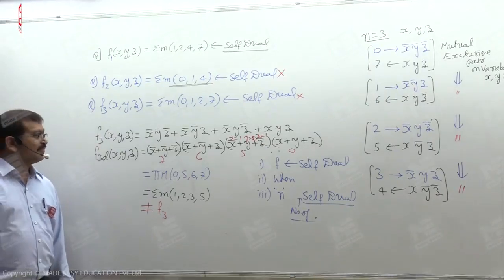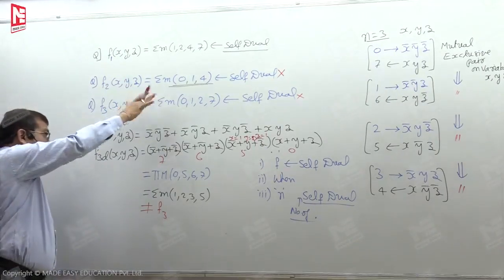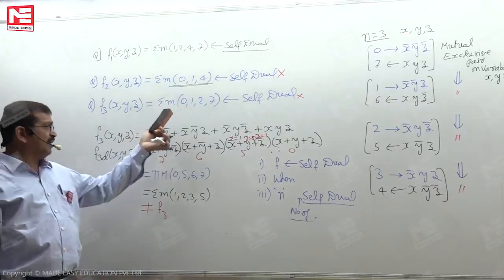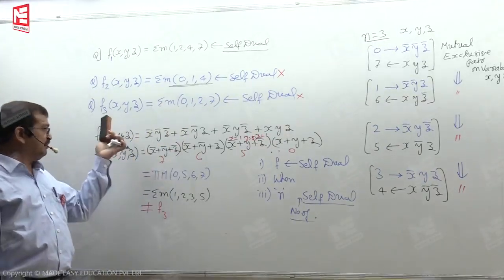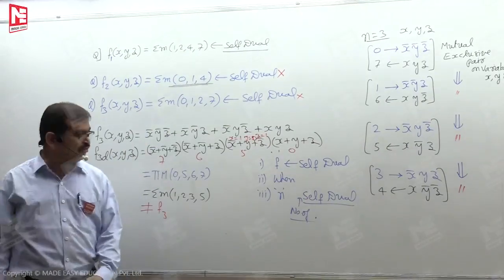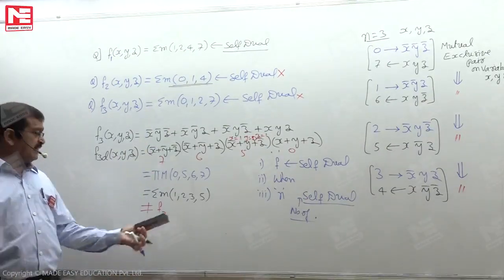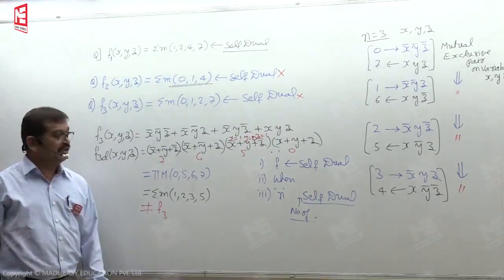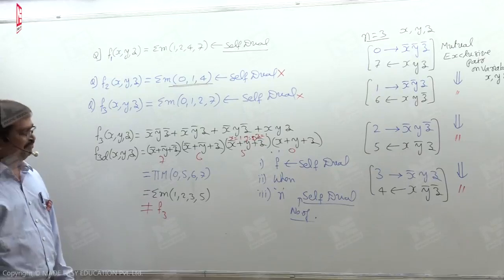As with F2, we are unable to eliminate it at the first instant itself. The reason is that half of the number of combinations of the three variables are min terms. Because of this, we needed further work, and based on it we conclude F3 is not a self-real function.